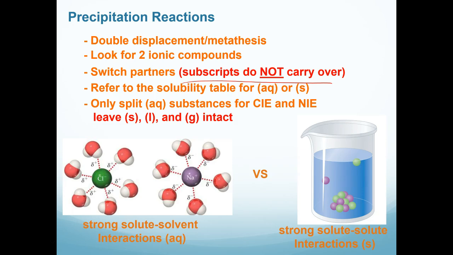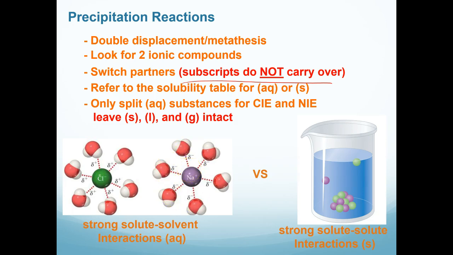Here is one example of solubility and what allows something like table salt to be soluble. Thinking back to the solubility table, what happens is you have a very strong solute-solvent interaction where the chloride ion interacts with the partially positive hydrogens on the water, and the sodium interacts with the partially negative oxygens on water.